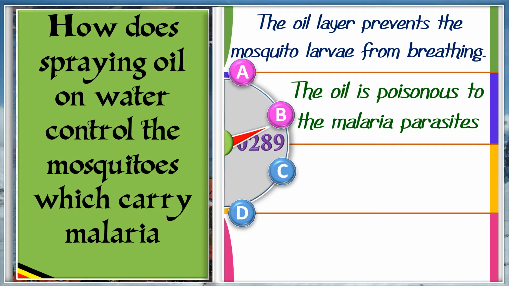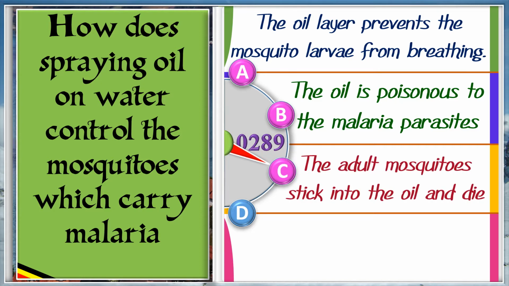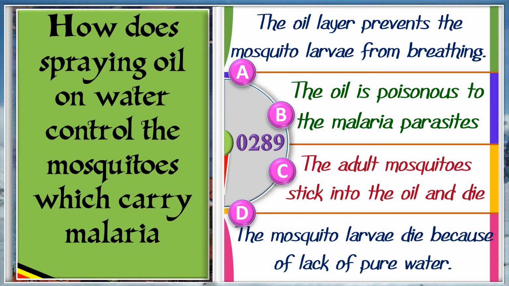C. The adult mosquitoes stick into the oil and die. D. The mosquito larvae die because of lack of pure water. And the answer is A, the oil layer prevents the mosquito larvae from breathing.